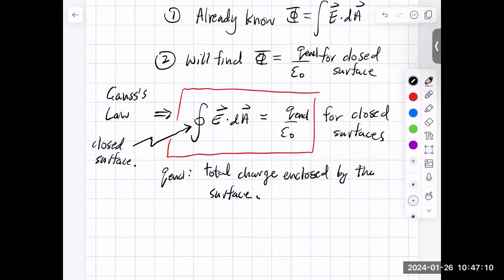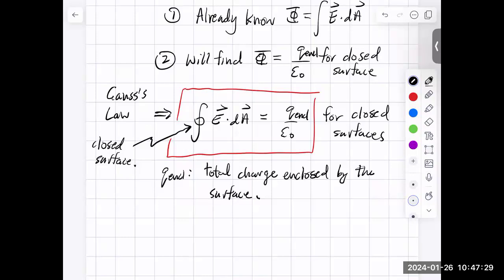The special cases are cases in which the electric field and our area vectors make the dot product easy to evaluate. We want them to be either perpendicular, so the dot product is 0, or parallel, so the dot product is 1.